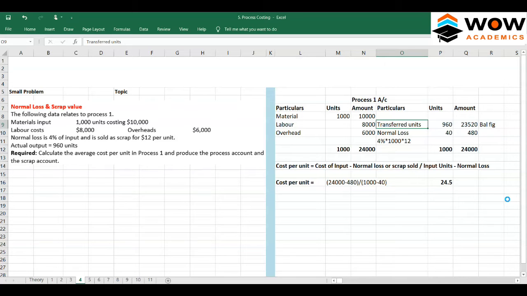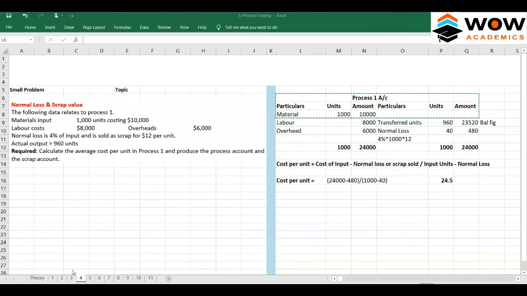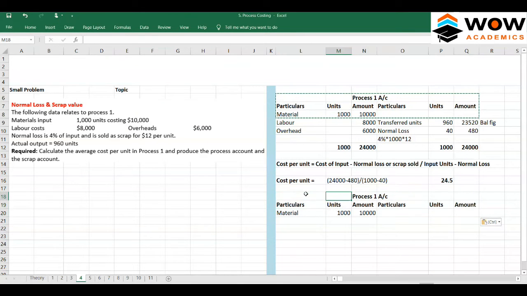So here in this sum, he is asking you to create a scrap account. So scrap account is usually the normal loss account. So we'll prepare one account for that also. So the normal loss account works like this.